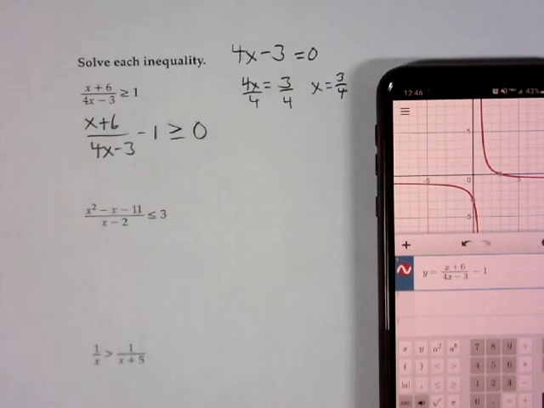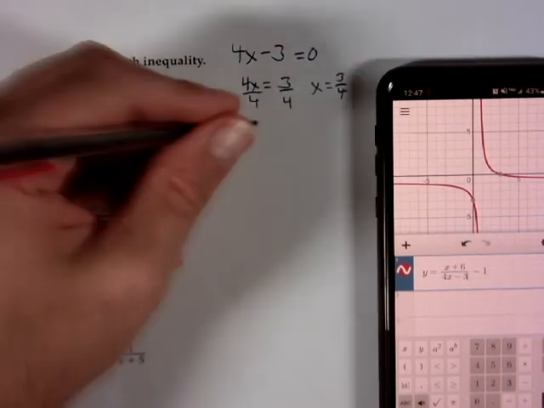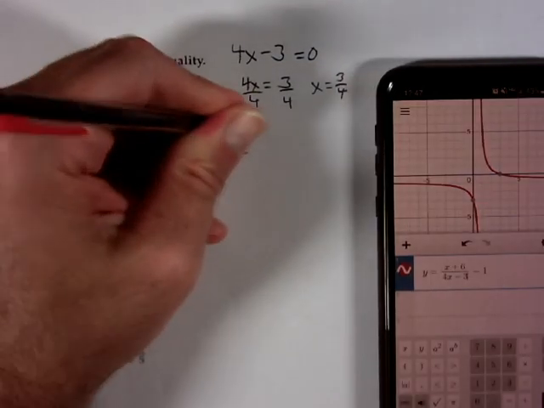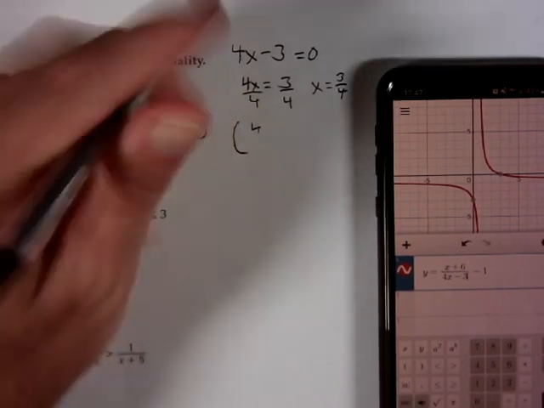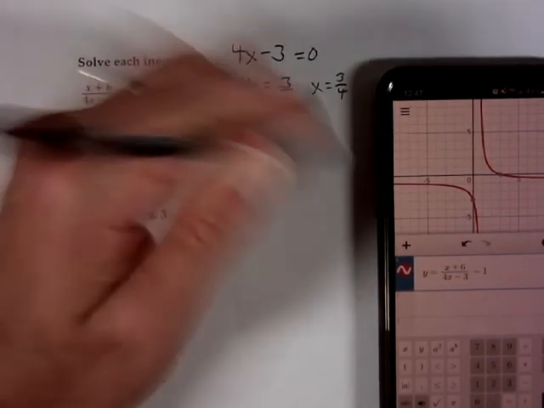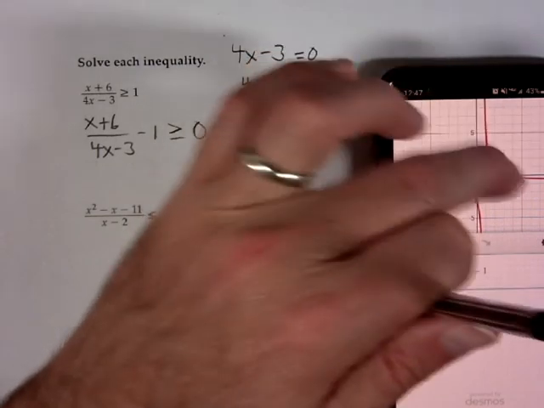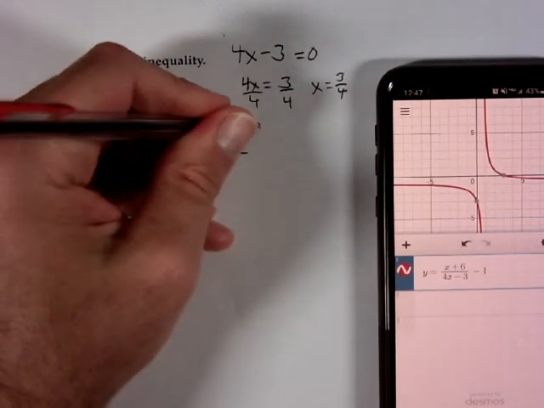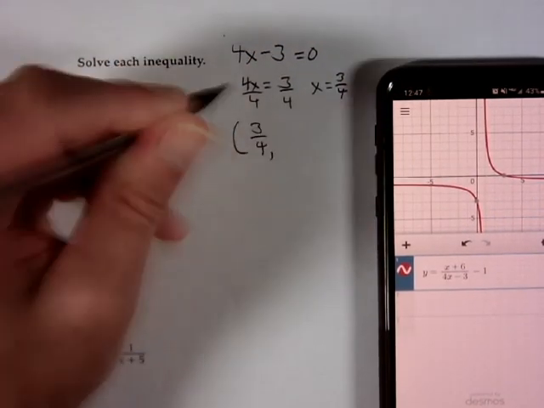That would be the place of the vertical asymptote, and that would be the place where the interval starts, at 3 over 4. All right, so that's where it starts.